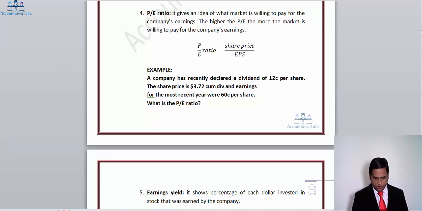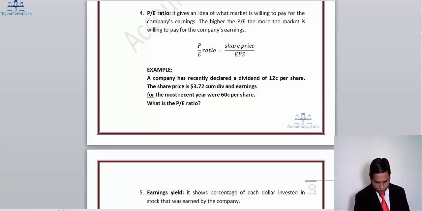Now we are just solving the example over here. Our company has recently declared a dividend of 12 cents per share. The share price is 3.72 cum dividend, that is cumulative of dividend, and earnings for the most recent year were 60 cents per share. What is the PE ratio?